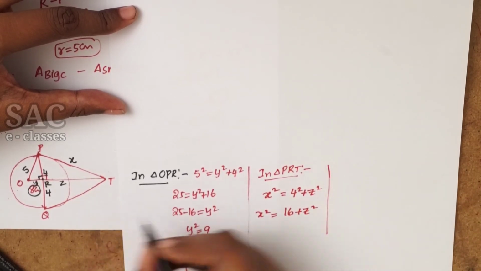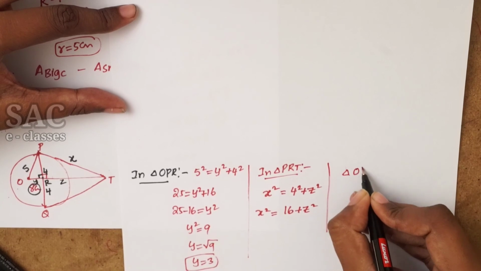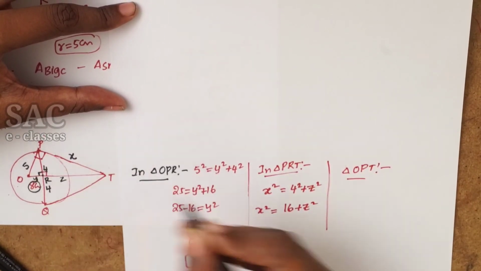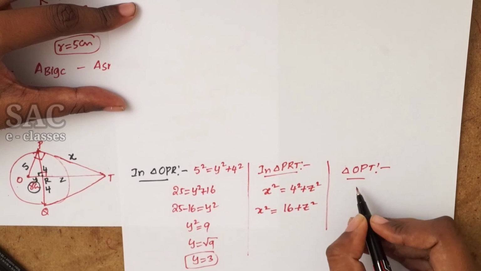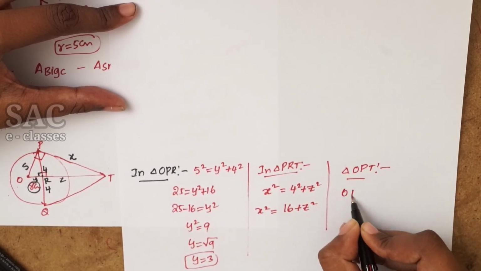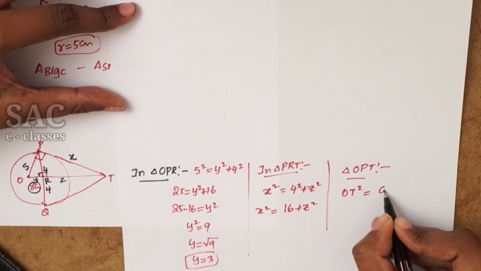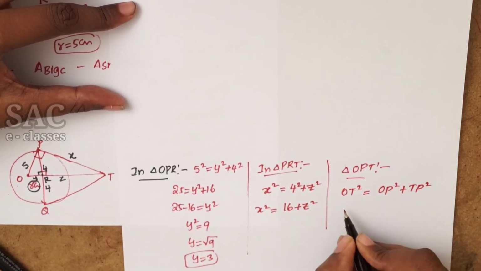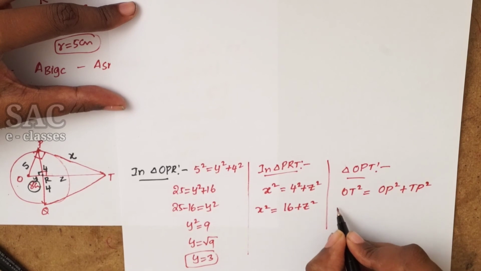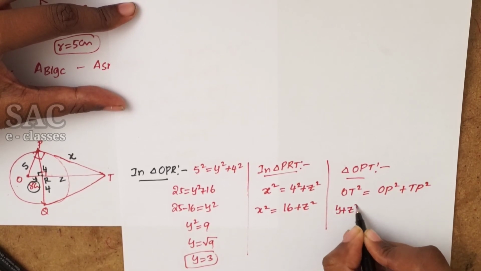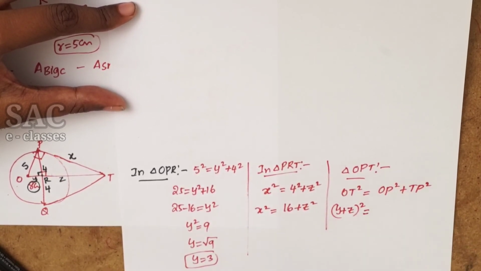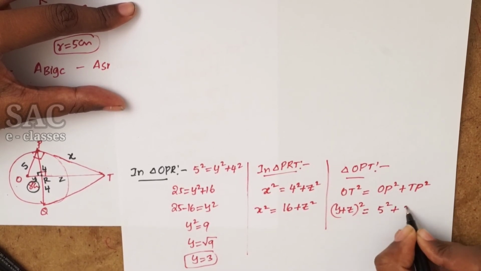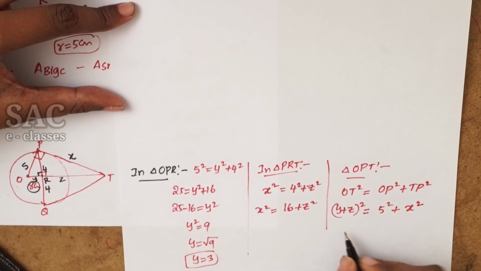Now in the triangle OPT, we know that at P there is a right angle. So OT square is equal to OP square plus PT square. OT square is anyhow y plus z whole square, equal to OP, which is nothing but 5 square, plus TP, which is nothing but x square.